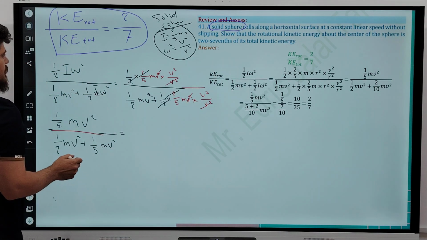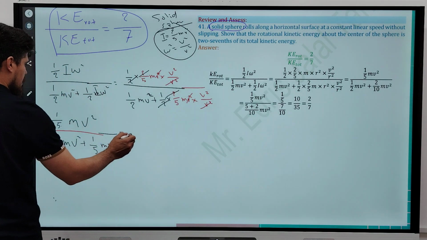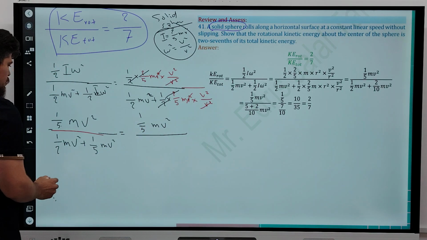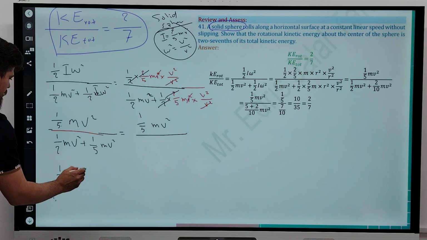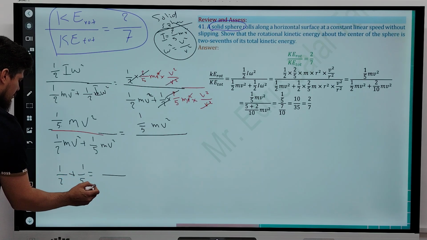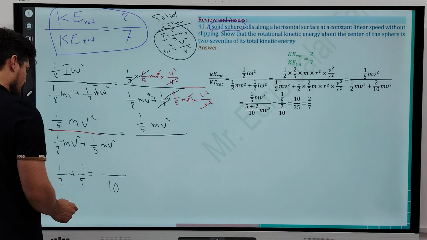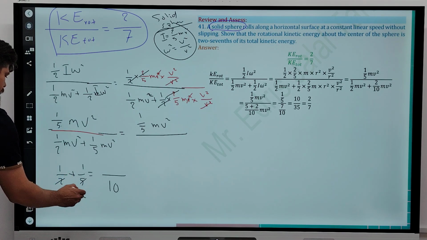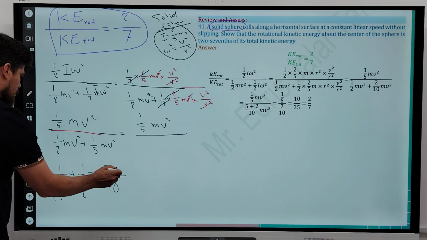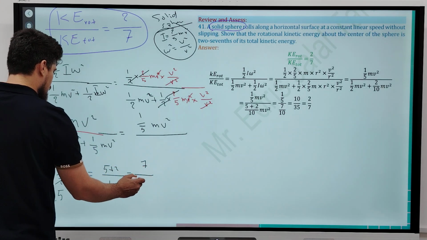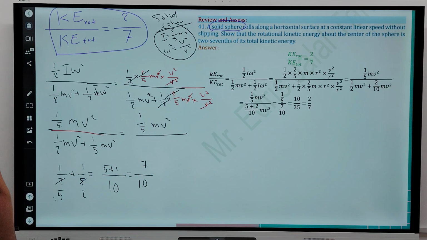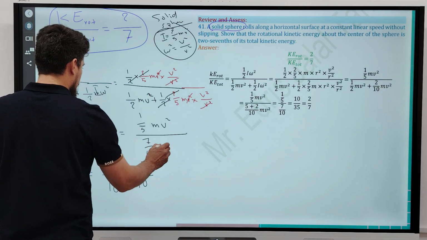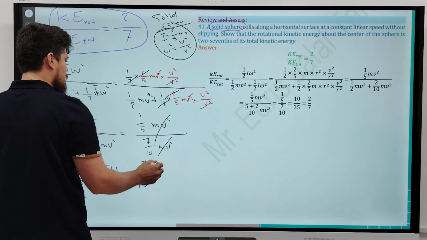1/5 mv squared in the numerator. 1/2 plus 1/5, lowest common factor is 10. 10 divided by 2 is 5, 10 divided by 5 is 2, 5 plus 2 is equal to 7/10. So here it becomes 7/10 mv squared, and mv squared cancels.